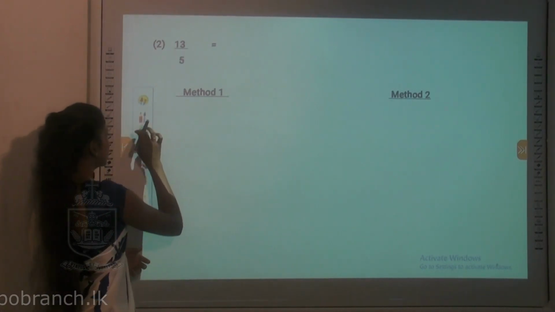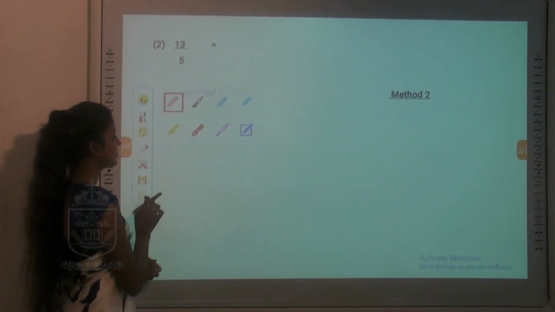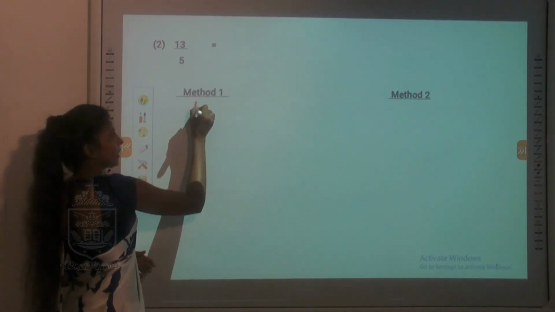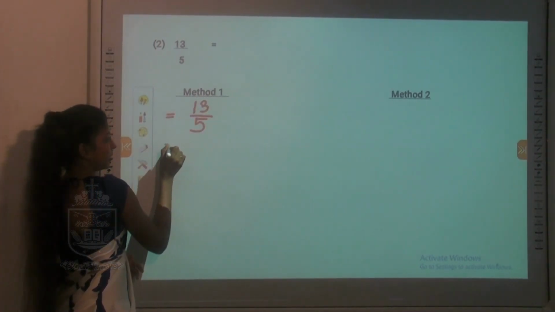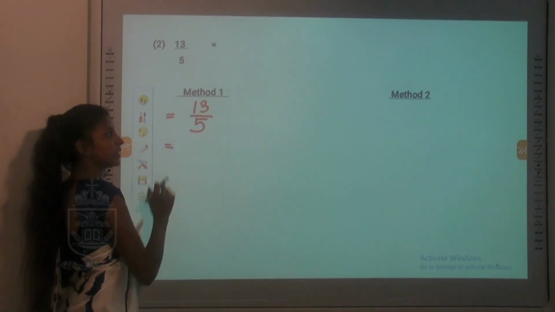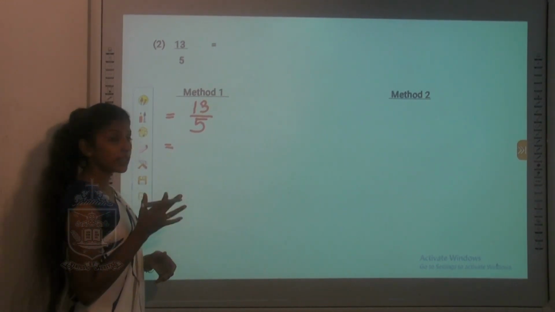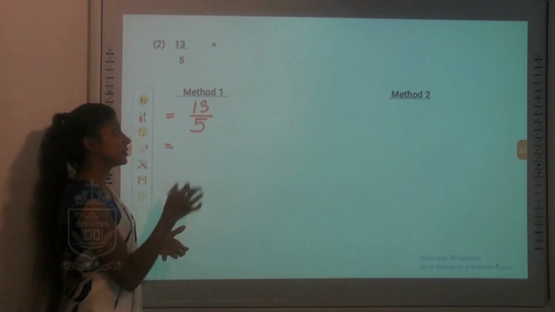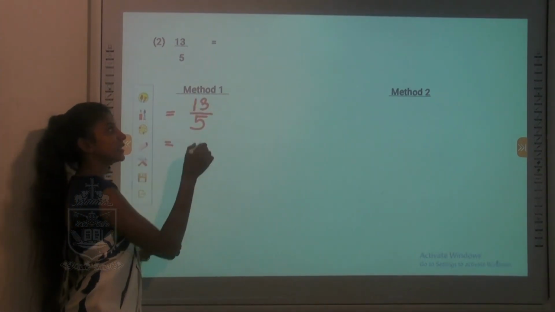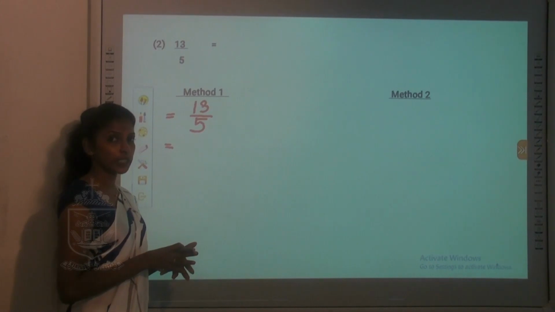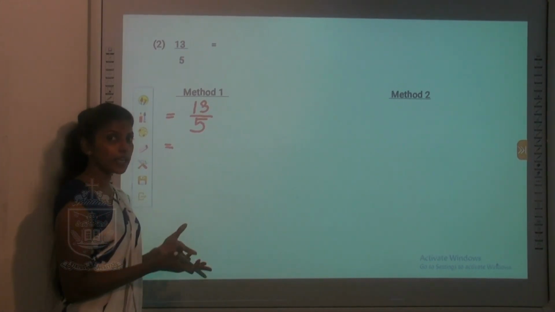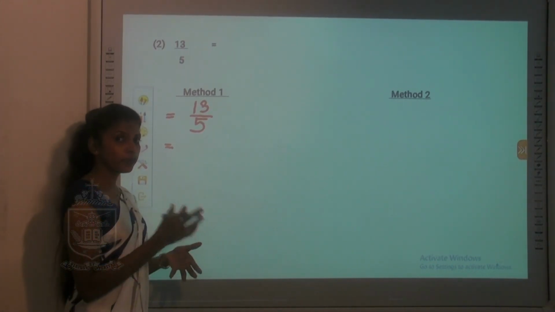When converting, as in the first method, 13 over 5 is our fraction. The denominator value is 5. As I told, the numerator 13 should be expressed in terms of the denominator. That means how many 5s are inside 13? 2 fives are there.